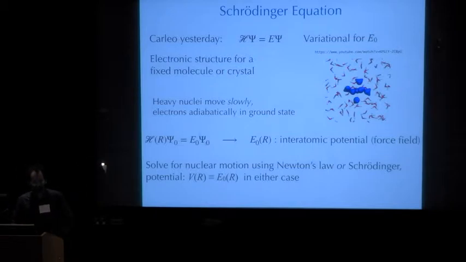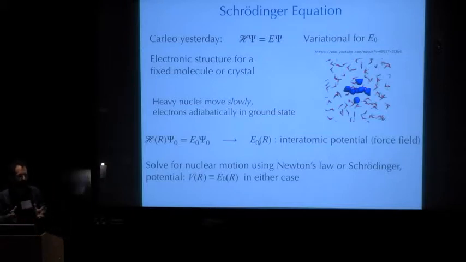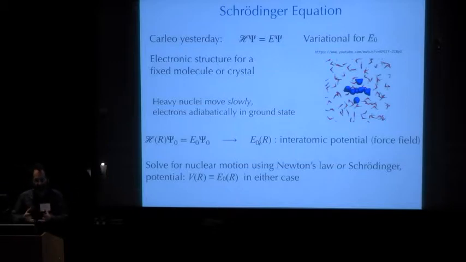And so if you had a black box that gave you the solution of this Schrödinger equation for each positions R, then that would lead to a function, the energy of those atomic positions. And that's what's called an interatomic potential. And that's actually all we need to understand how almost all material processes work, how finite temperature materials behave.